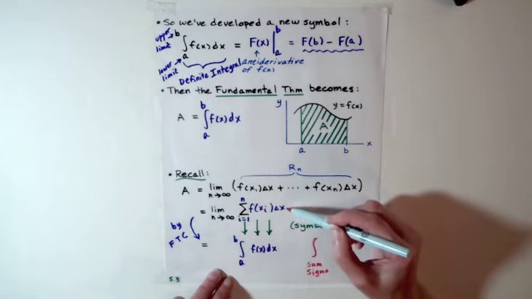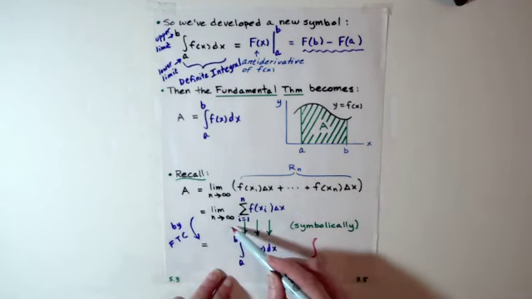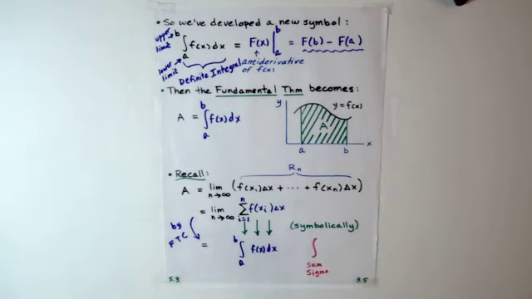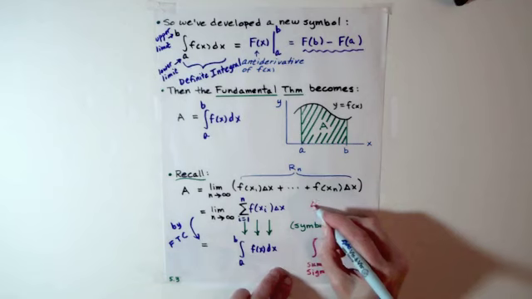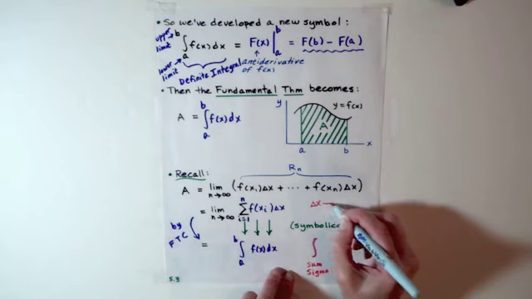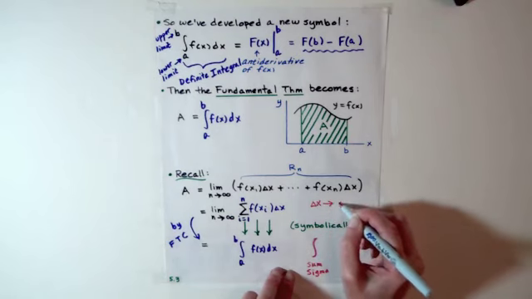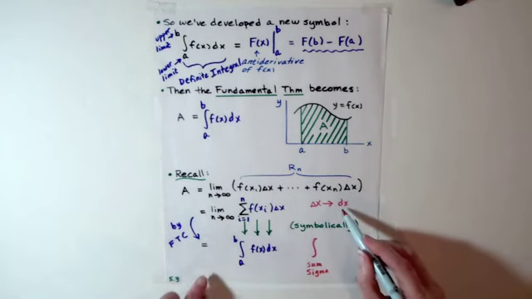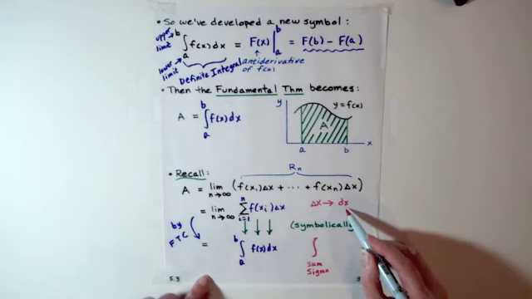And this delta x, remember what happens to our rectangles as the number of rectangles goes to infinity. The delta x, the width of each rectangle, gets smaller and smaller and smaller. The delta x's go towards 0, we said. And in the limit, as you get more and more rectangles, we think of those widths as becoming infinitesimally small, and we represent that with the symbol dx.